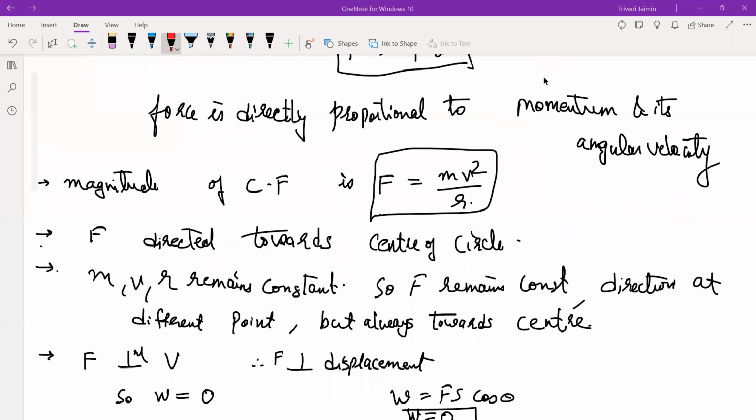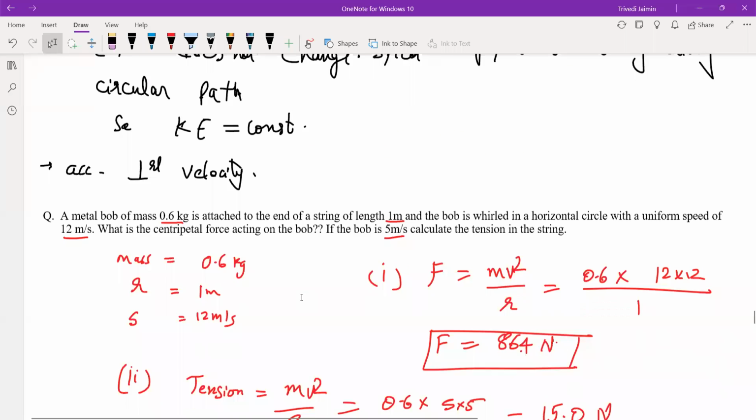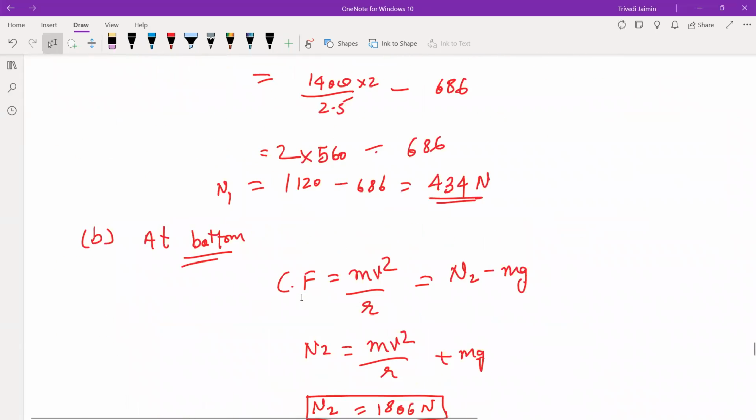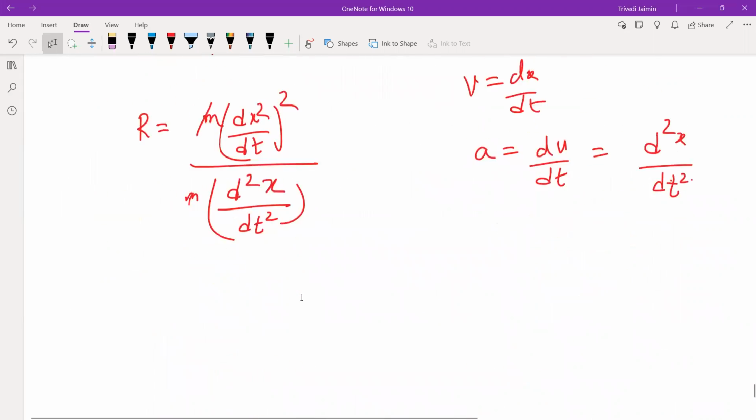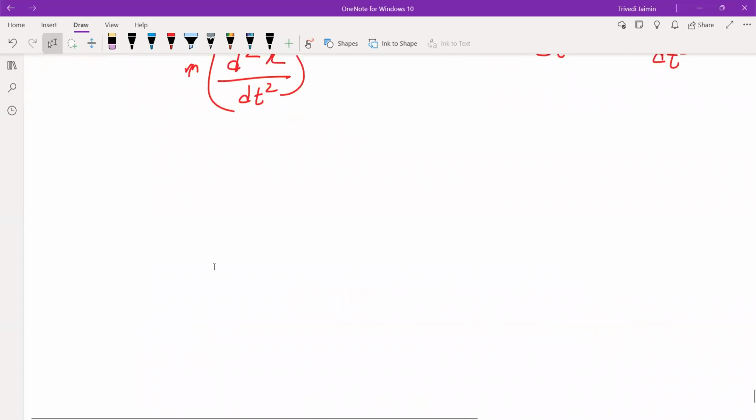Let me paste one question, with options. This is an exam question. Let's try this.